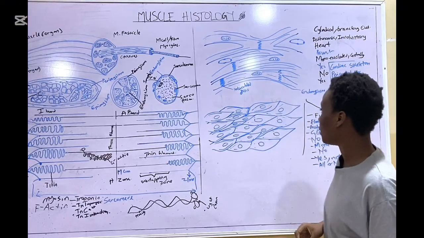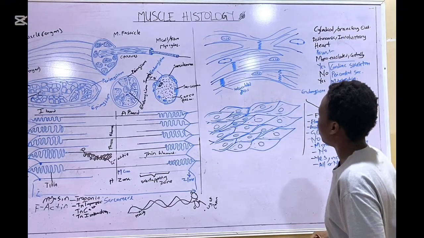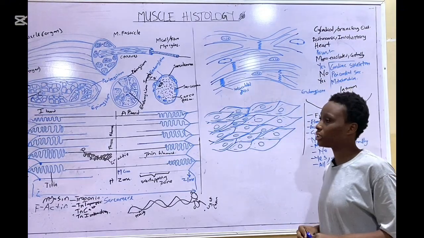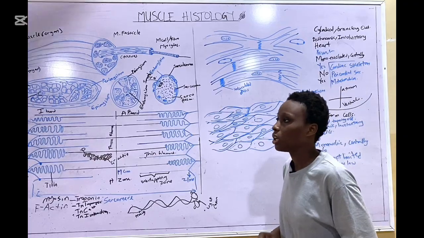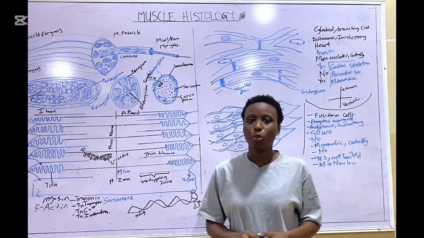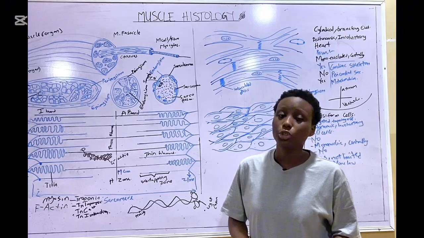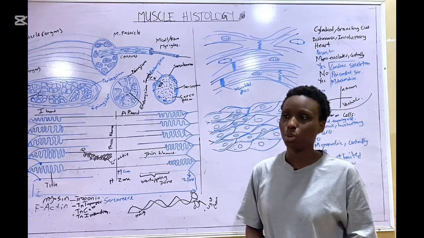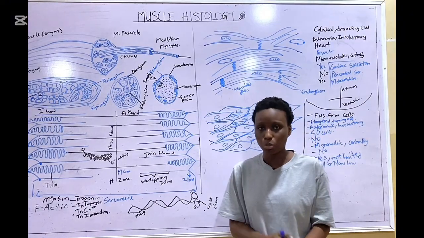It is also surrounded by connective tissue, endomysium, but in smooth muscle cell, we don't really have perimysium and epimysium. What goes on in smooth muscle cells is that, yes, we have endomysium, but even that endomysium is very, very small.